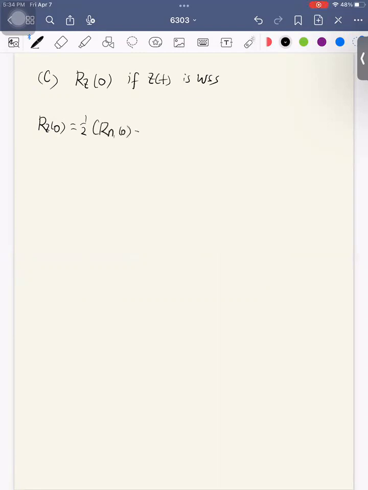Here we just plug in the 0 in here. Then we can find the expression for this question. So the result for this question is here.